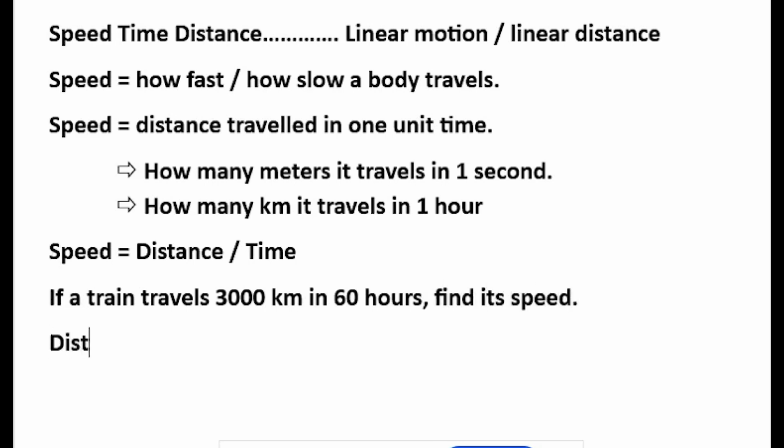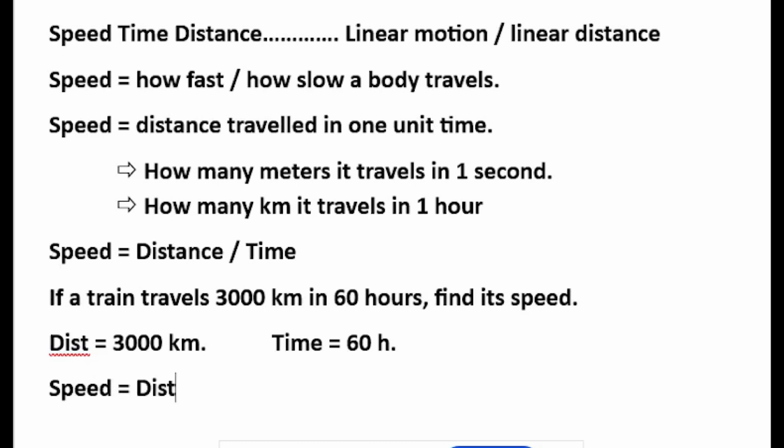So, distance is 3,000 kilometers and time is 60 hours. So, speed will be distance by time, equal to 3,000 divided by 60.